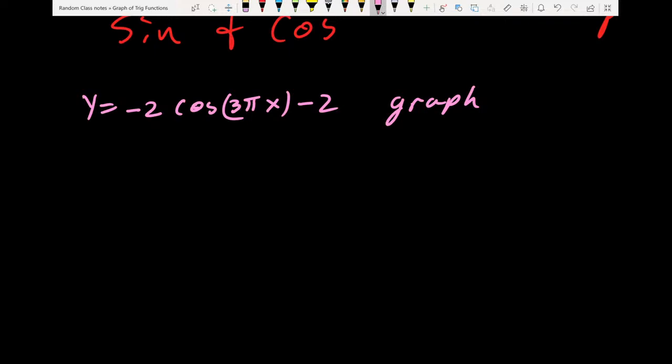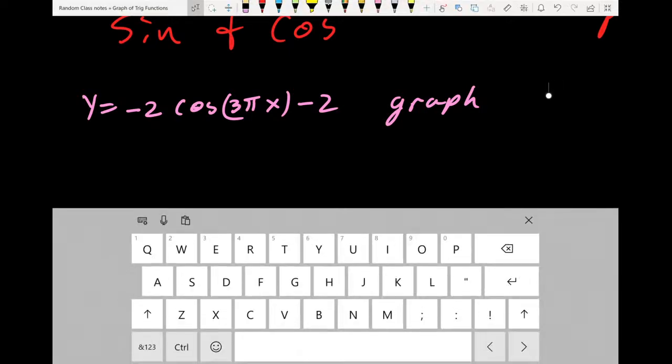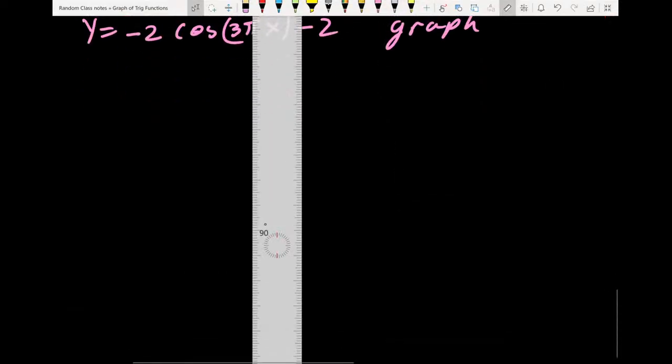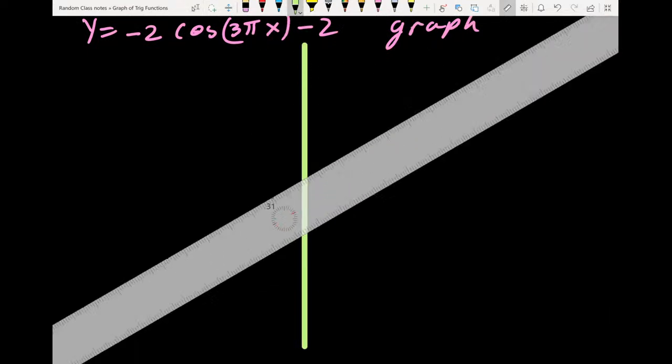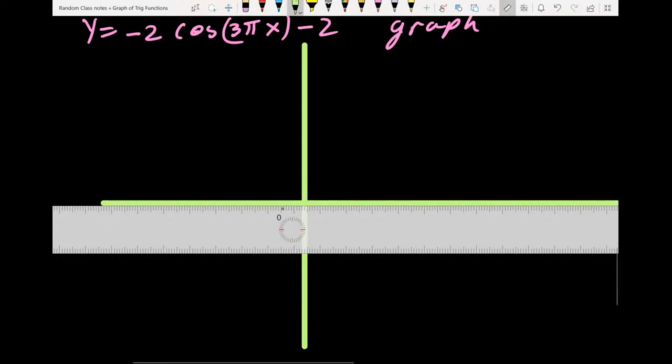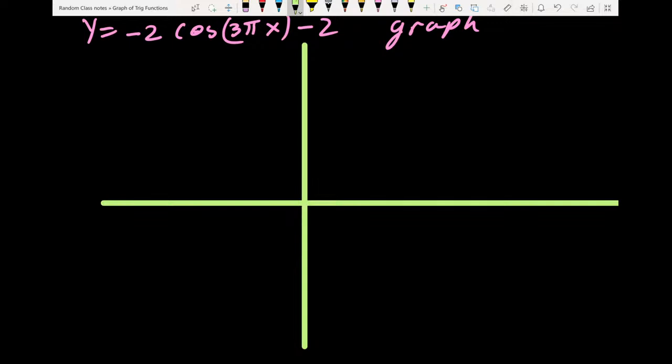Don't worry about the vertical shift. Do that a little bit later. Should I graph it?